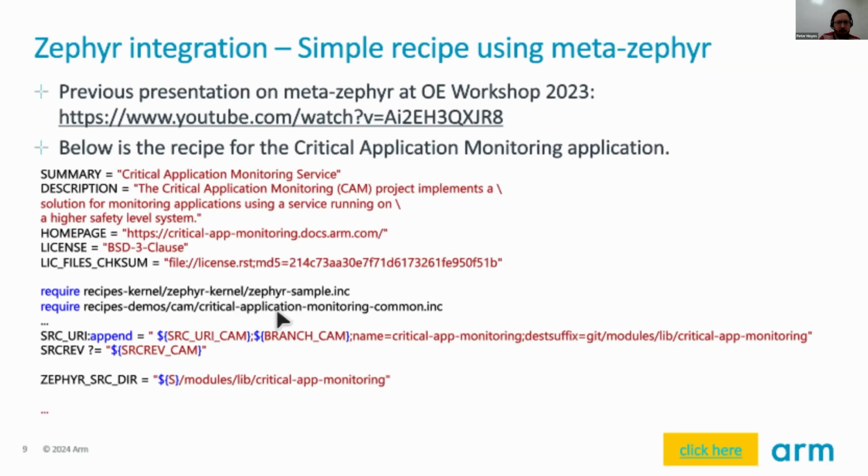You include this zephyr-sample.inc, or I think you can also use zephyr-image.inc now, you append your module, so your repository, to the SRC_URI, and then set the ZEPHYR_SRC_DIR to the path of your application. So in only a few lines in a BitBake recipe, you can build any Zephyr application in a similar way.